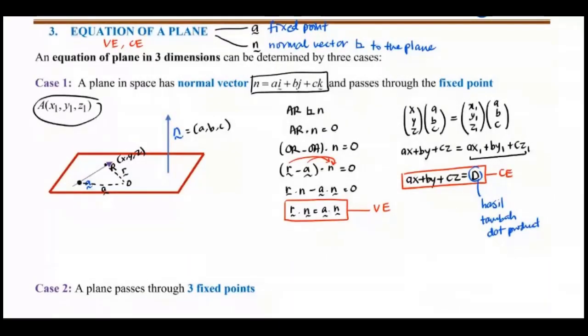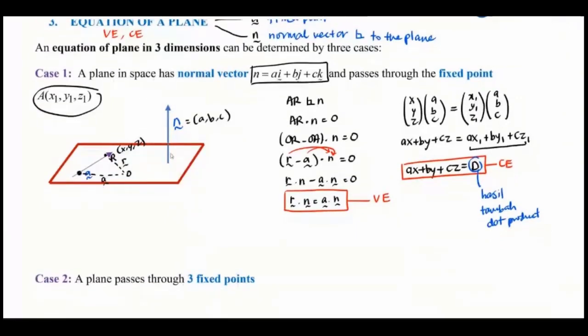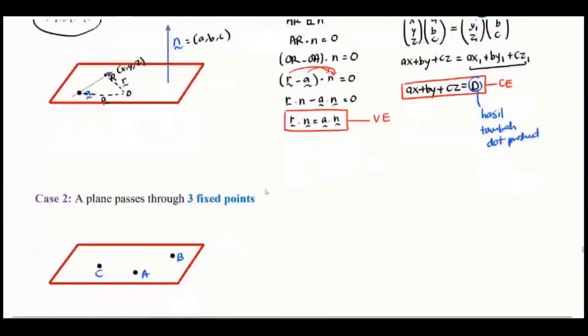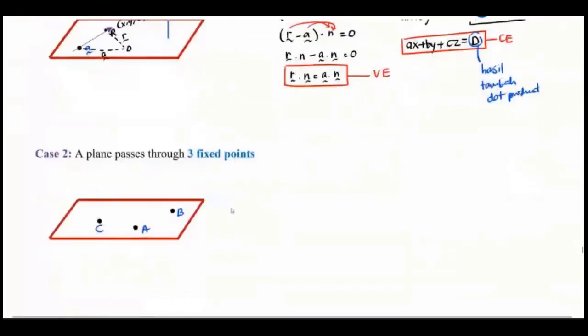Okay, yang mana dia bagi N dan juga A. Dia bagi direct. So boleh directly dapatkan VE ataupun Cartesian. Case 2 where we have it a plane. Atas plane kita ada 3 fixed point. So for 3 fixed point, how to get the N? So sekarang ni untuk case 2 dan case 3, cara kita nak dapatkan normal vector. So kita tahu normal vector adalah ke atas.